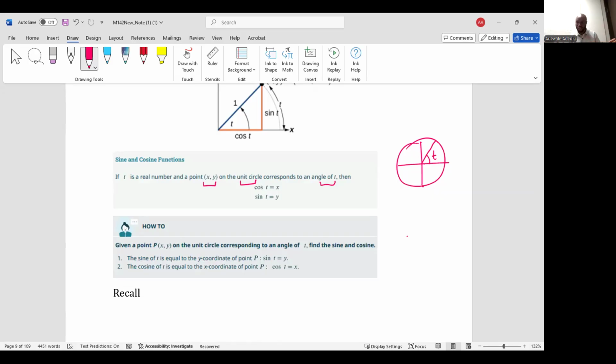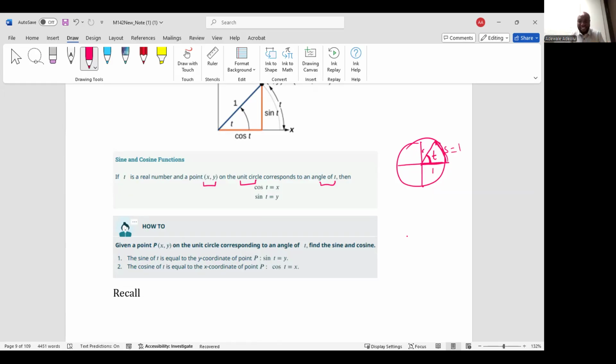Nothing to be confused about. The only thing you need to understand is that we are claiming that the radius here is 1, so this arc length is also 1. So we say that angle T or theta, whichever case, is a radian angle.